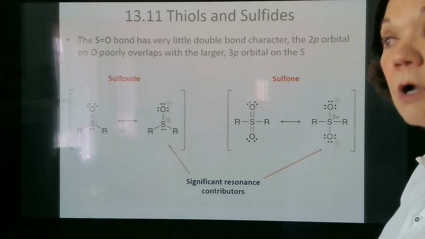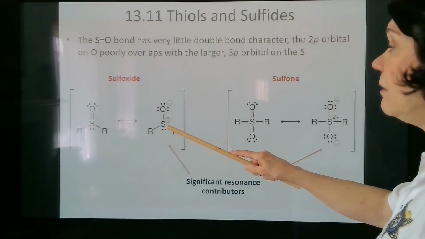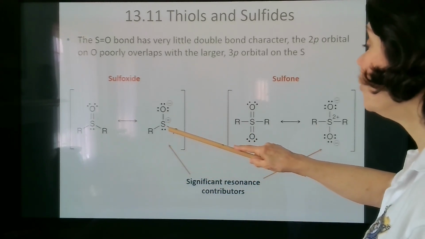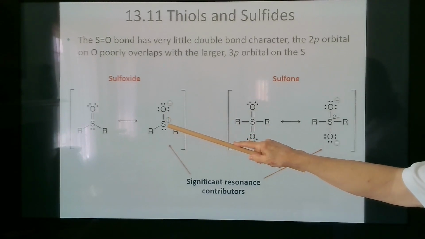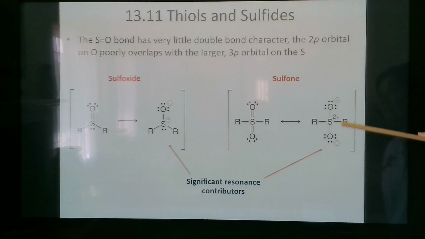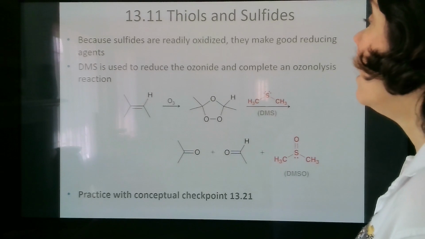This is a much stronger resonance contributor compared to the carbonyl. So this can be contrasted with the carbonyl. So this is a stronger resonance contributor, the ionic form. And the same thing over here. This is a stronger resonance contributor, the dipolar form, more so than in carbonyls.